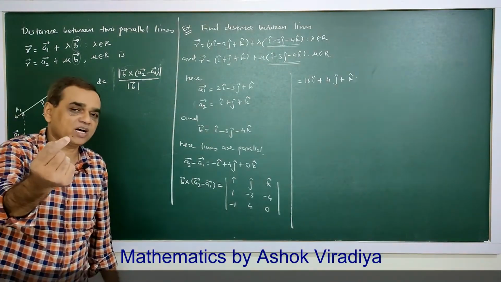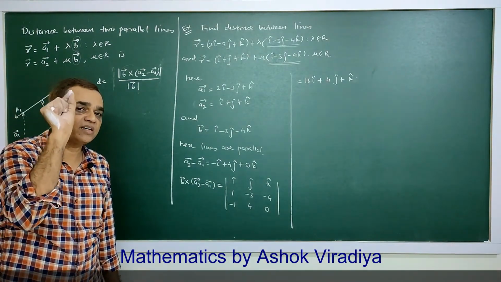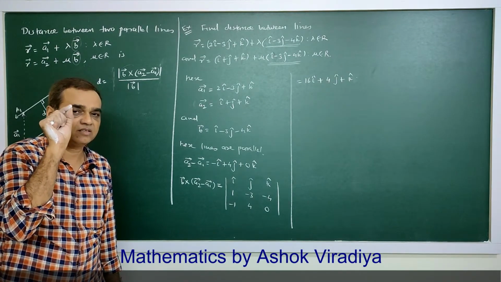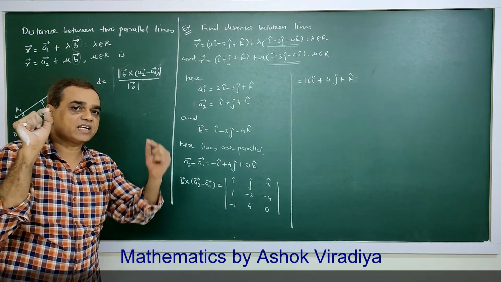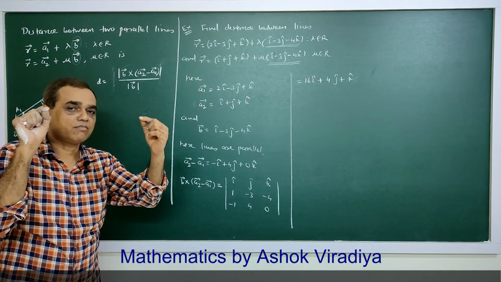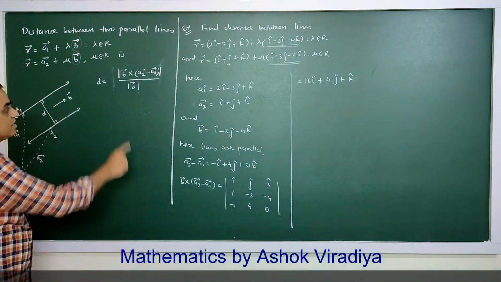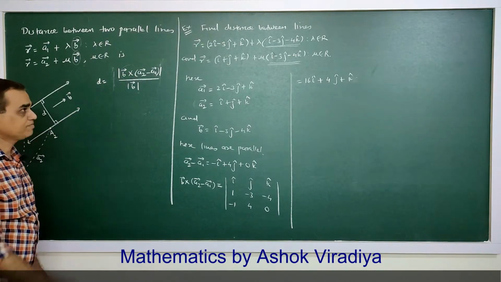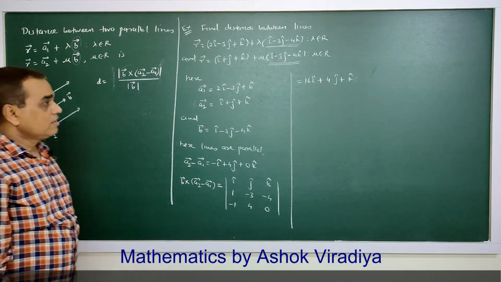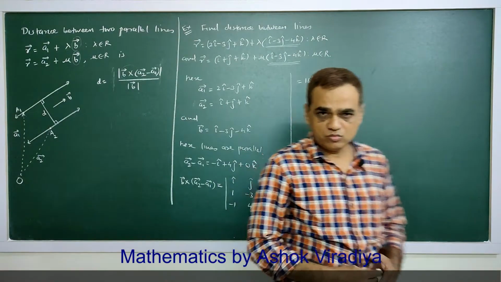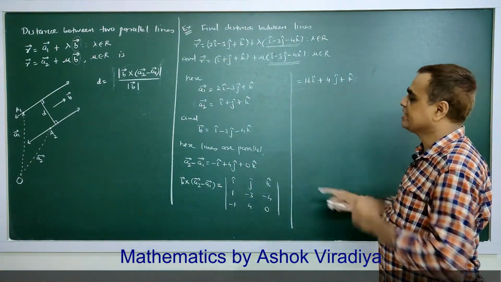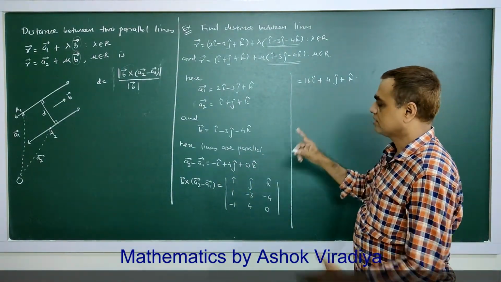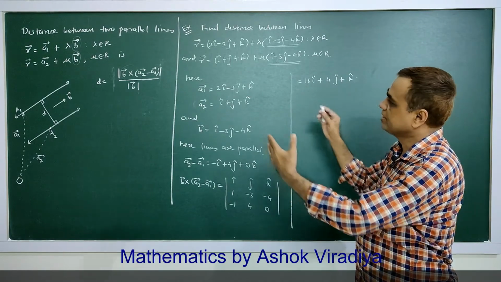In the previous formula, in the numerator there was a dot product, so it was a modulus, and here because numerator and denominator both are vectors, we use a magnitude. So now we take the magnitude of this vector, or directly we can keep it in this formula.